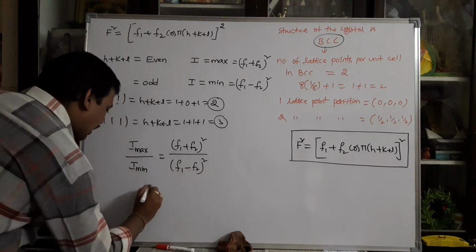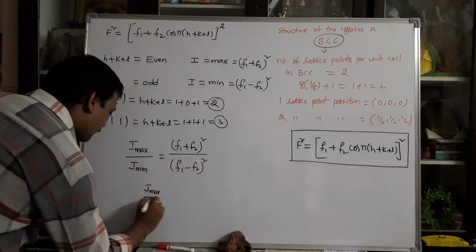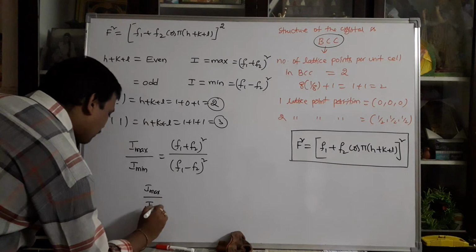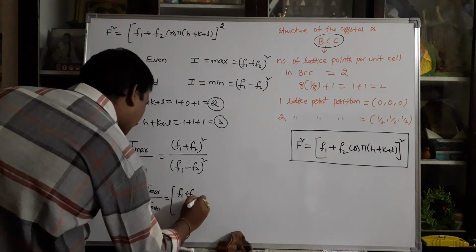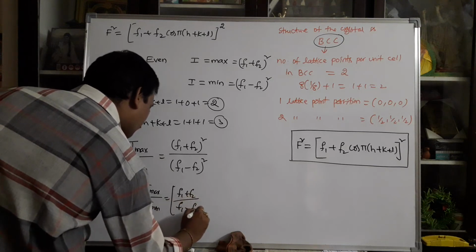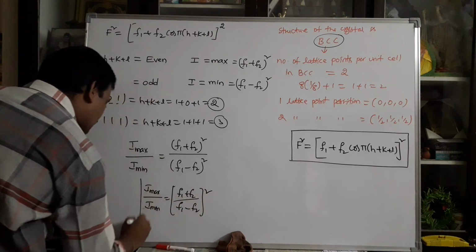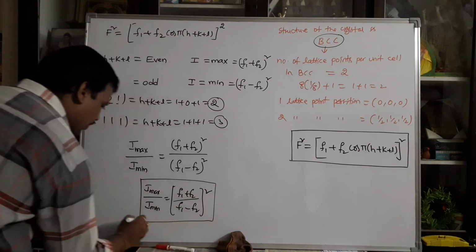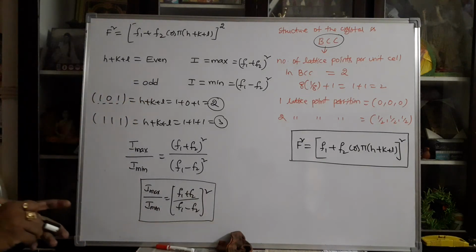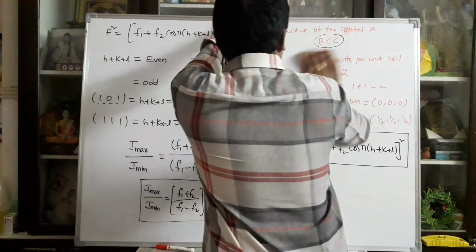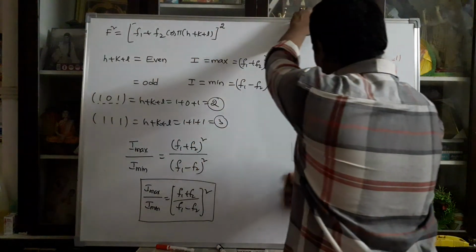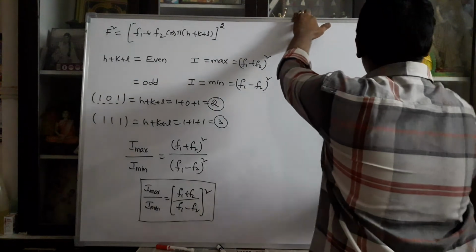That is, I maximum by I minimum is equal to (F1 plus F2 divided by F1 minus F2) whole square. This is the ratio of maximum and minimum intensity of diffracted X-rays when X-rays are diffracted through the given crystal.